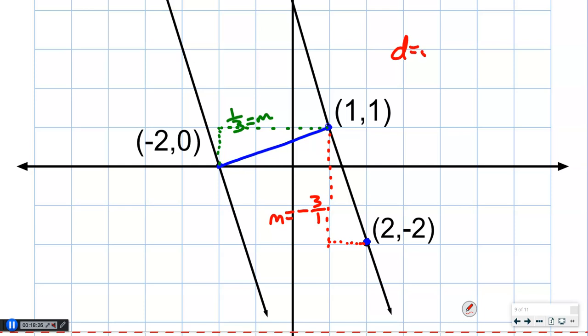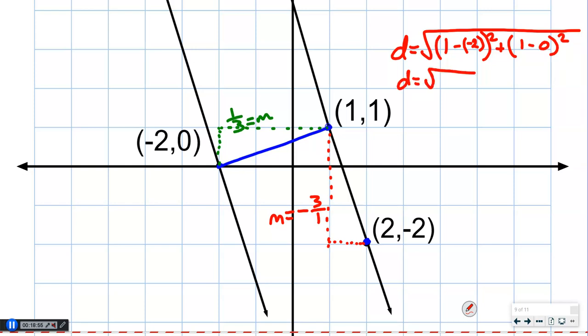So if I draw out our distance formula, 1 minus -2 all squared plus 1 minus 0 squared. 1 minus -2 is really just 1 plus 2, so 1 plus 2 is 3, squared is 9, and 1 minus 0 is 1, and squared is 1.